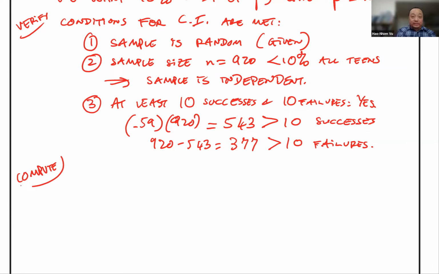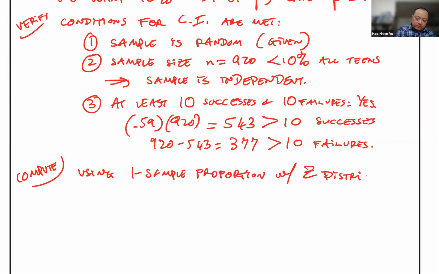I'm just going to identify it by name, using the one sample proportion with the Z distribution. Z is a standard notation for the standard normal distribution, so you don't have to explain it. Then you get the result.